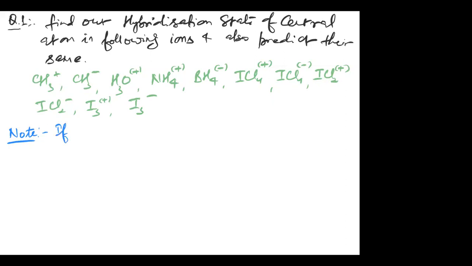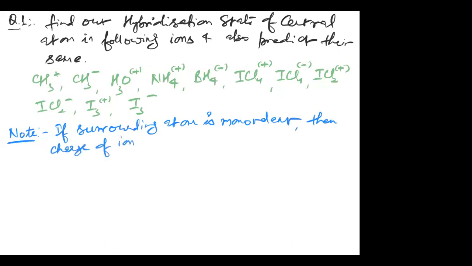So if the surrounding atom is monovalent, we have only one valency, then the charge of the ion should appear on the central atom.